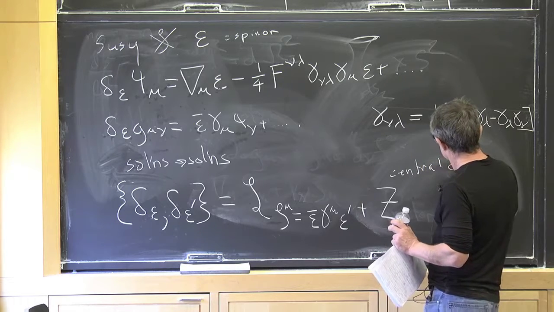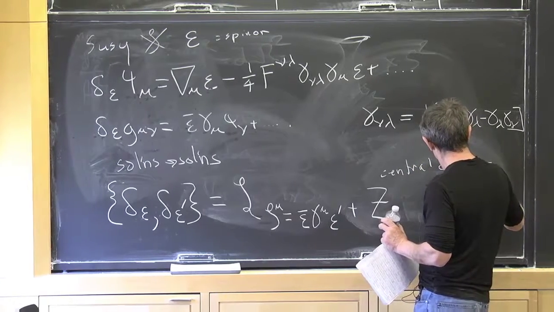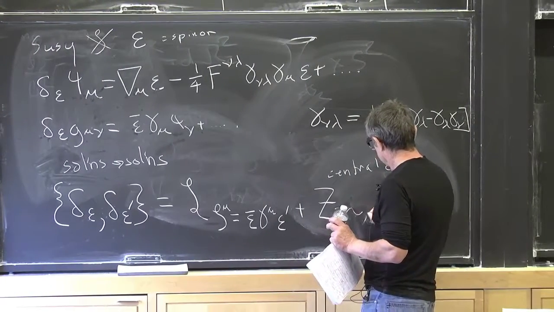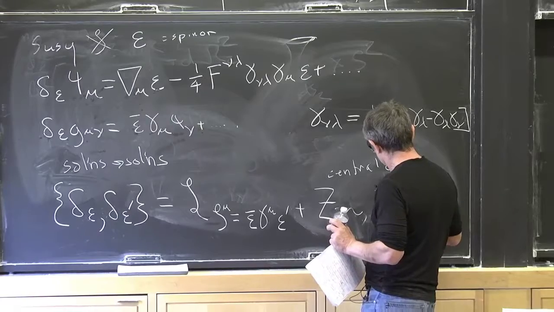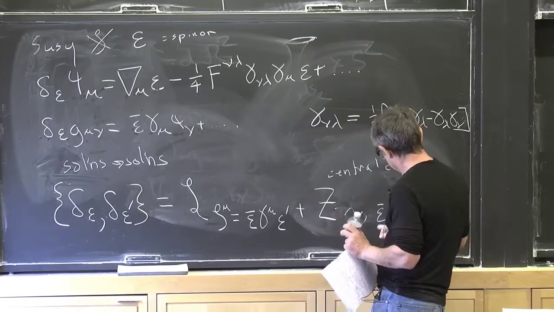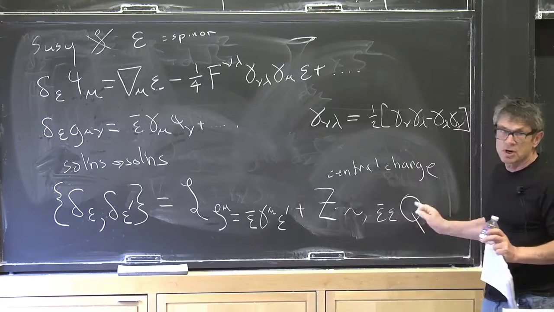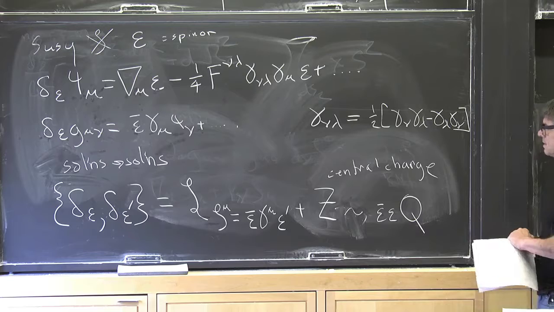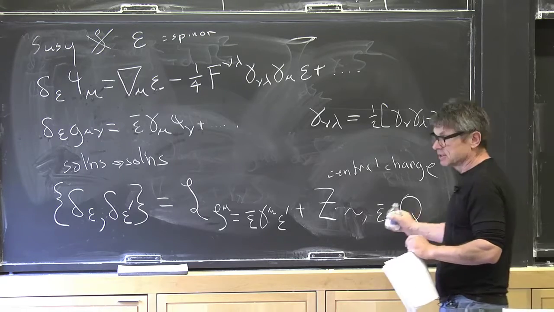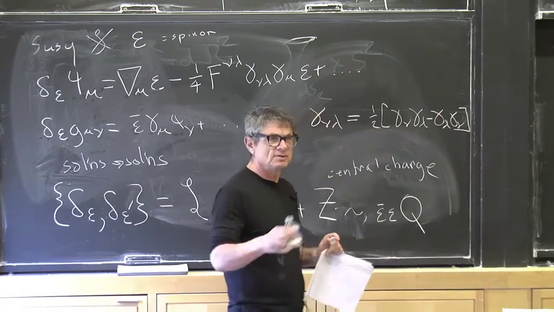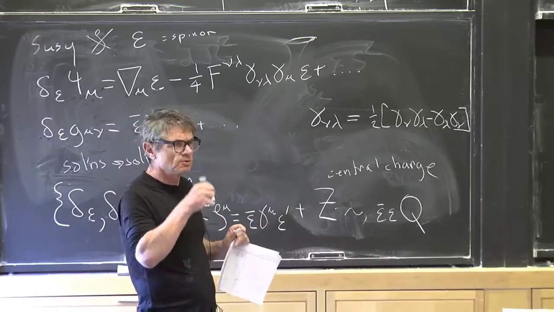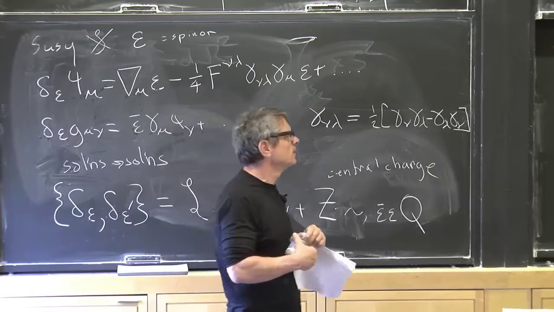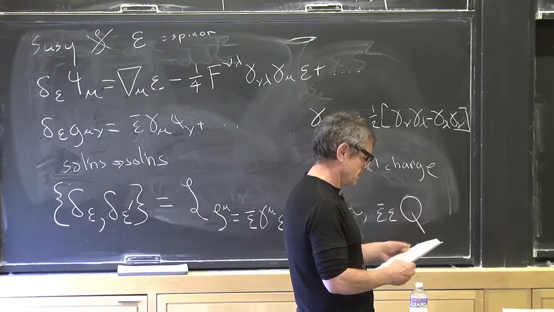And in the context we're interested in now, this central charge is, roughly speaking, going to become epsilon bar epsilon times the charge Q. When we get to Reissner-Nordstrom, that's going to become the total charge Q, which is a constant which commutes with everything. And that's going to be important in understanding where this Bogomolny bound comes from.